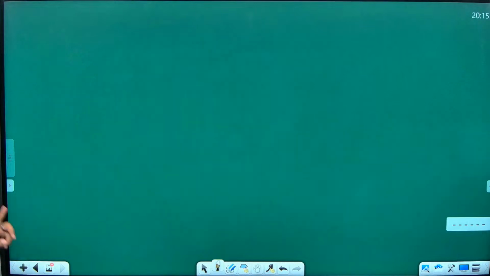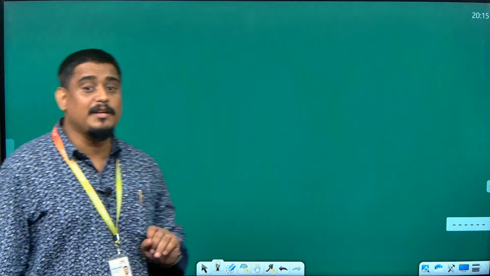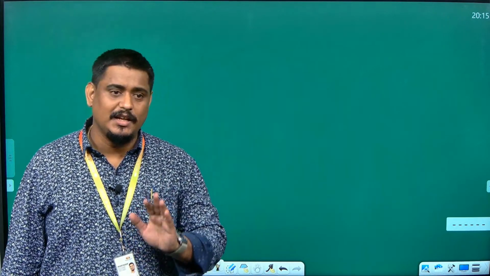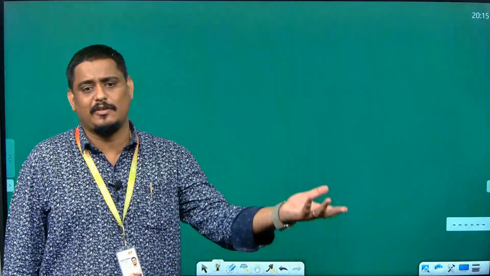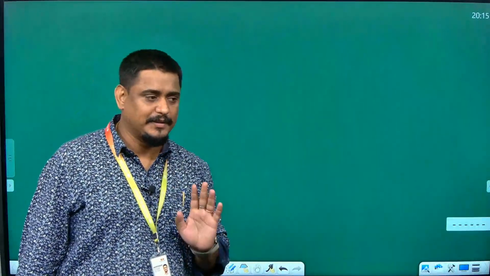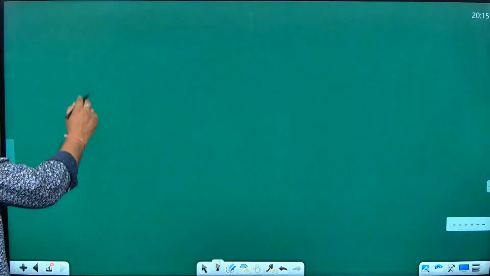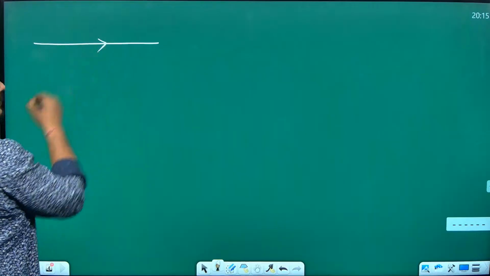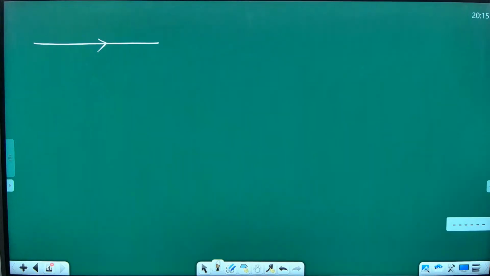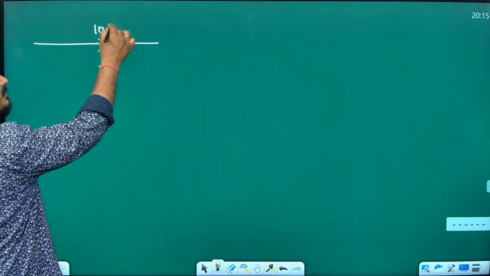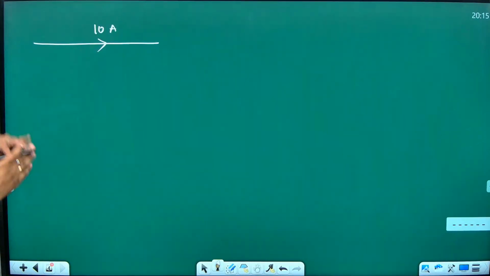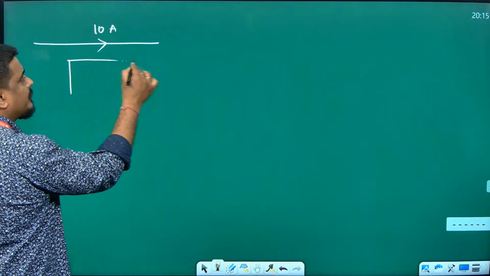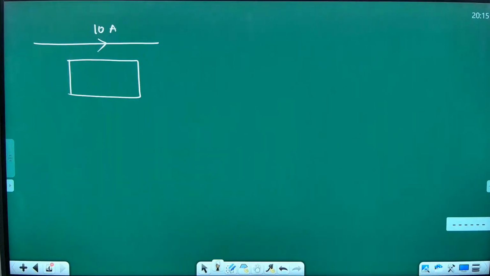Okay, coming back. How are the questions coming from this topic in the board examination? Anyhow, ma'am will solve in the practice class also, but I will tell you some examples now. One very famous question comes, I have even seen it in competitive examinations. The question is like this. There will be a wire carrying some current, suppose 10 ampere. Near this wire, there will be a loop. This loop will carry some current.